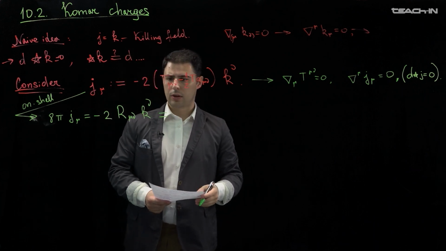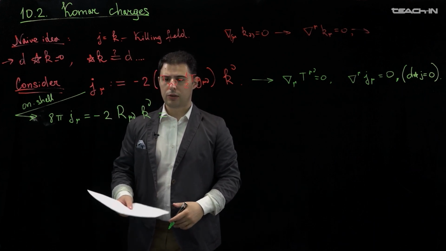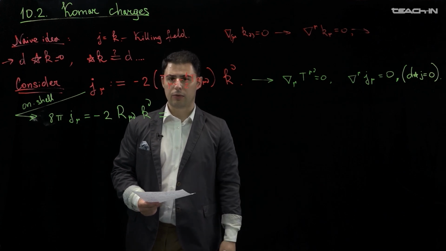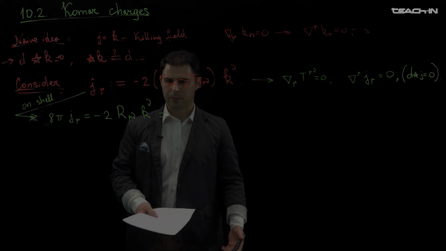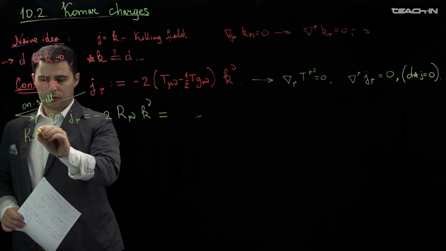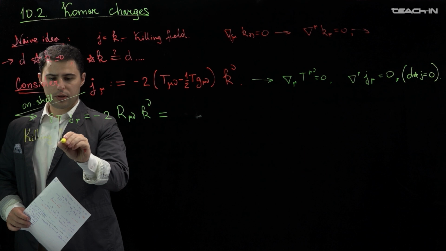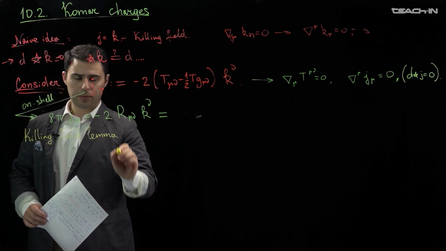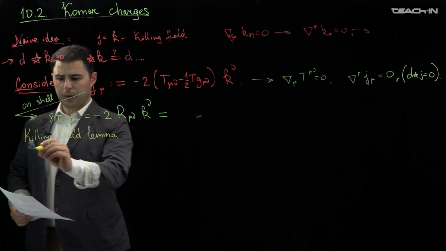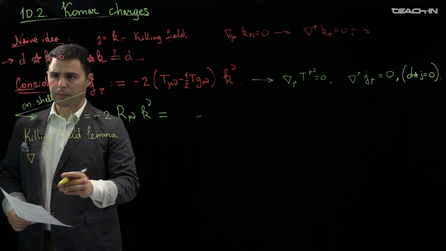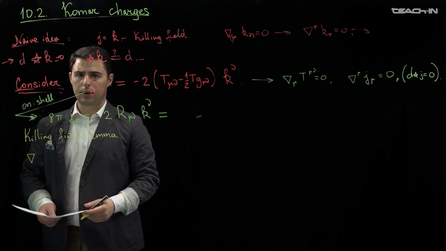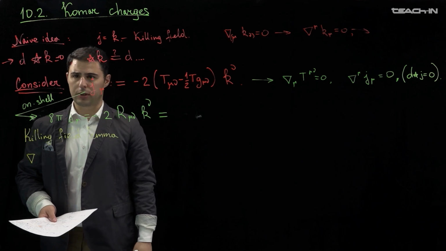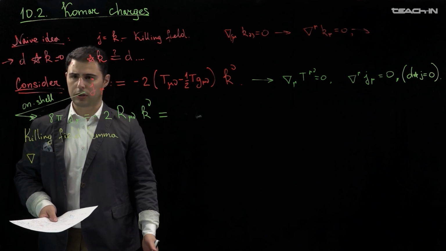And this can be rewritten by the Killing field lemma, which relates the second covariant derivative of the Killing field to the curvature tensor.